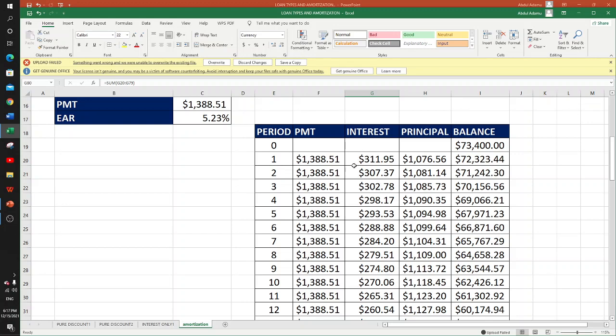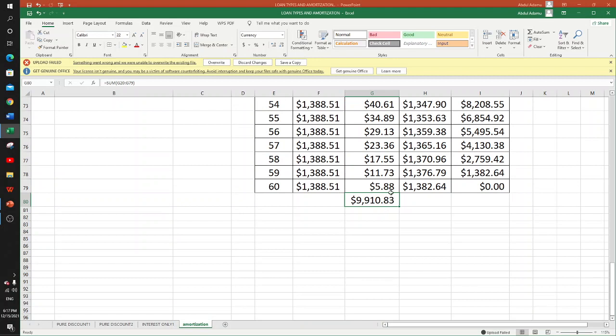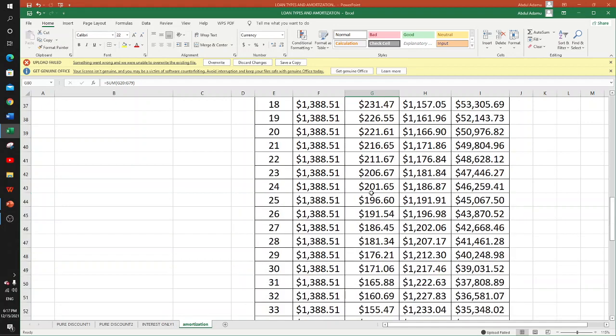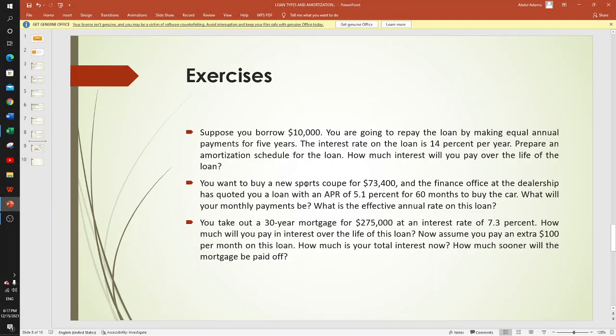In the initial period, when you start payment, the interest payment is high, but as you keep reducing the principal, the interest will be reducing. Until the last period, we pay interest of $5.88. So this is how we do amortization. We encourage students to try to use this method to solve some of these problems.